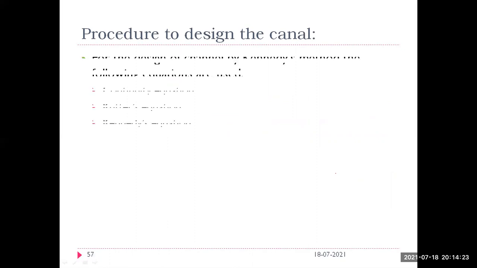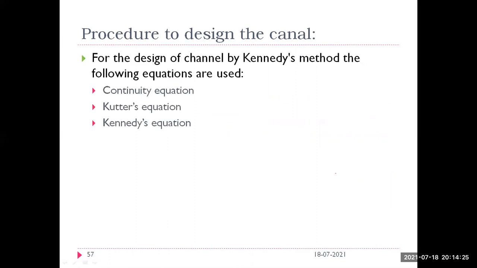According to Kennedy's method, what is the procedure to design the canal? Let us see how you're going to design the canal using Kennedy's method. To design the canal we require some prerequisites. The equations used are the continuity equation, Kutter's equation, and Kennedy's equation.